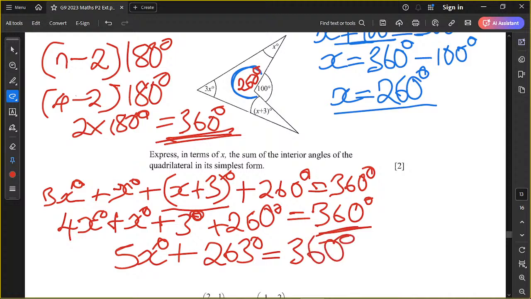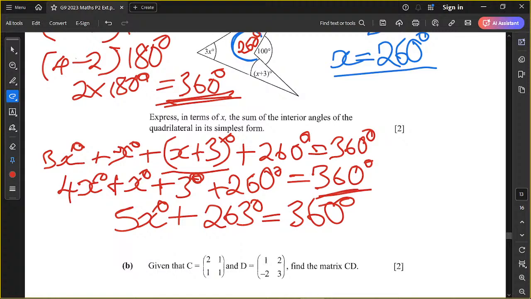Okay. All right. Then what do we do now here? We put like terms together. That means we are going to have 5x degrees, oh sorry, not plus, we are putting like terms together.